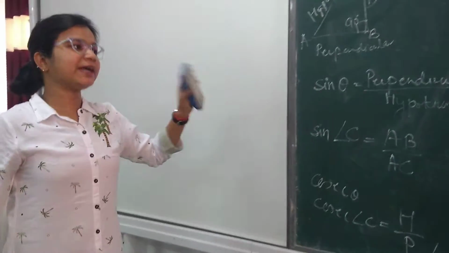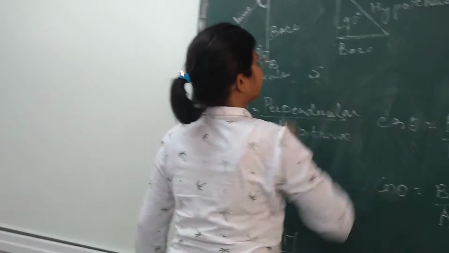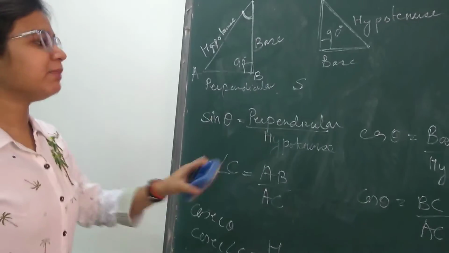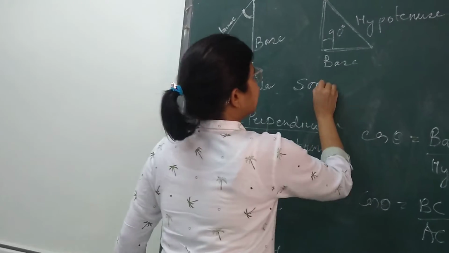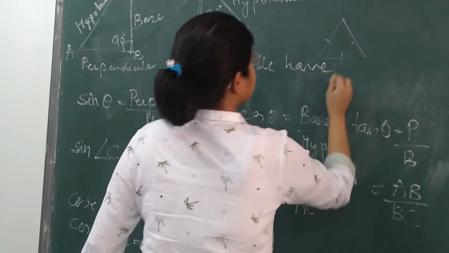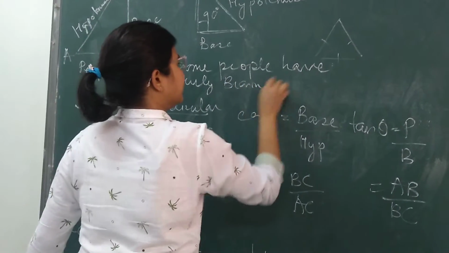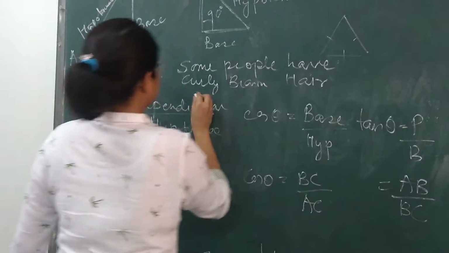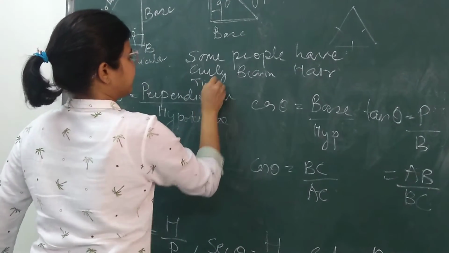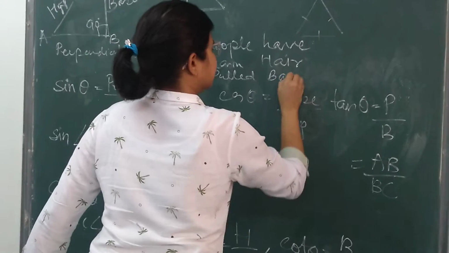So we need to memorize all these formulas, and we have a mnemonic by which we can easily memorize these things: Some People Have Curly Brown Hair Tightly Pulled Back.